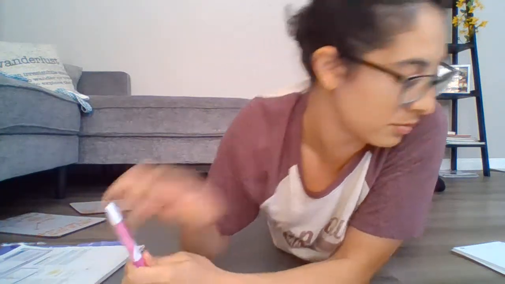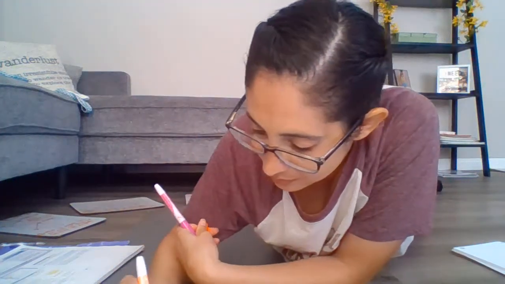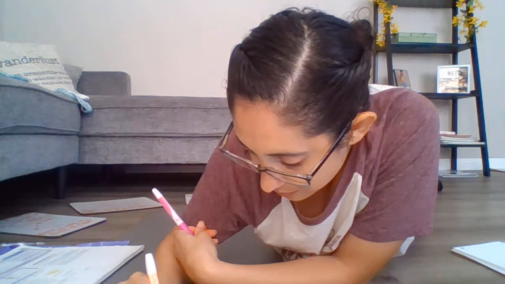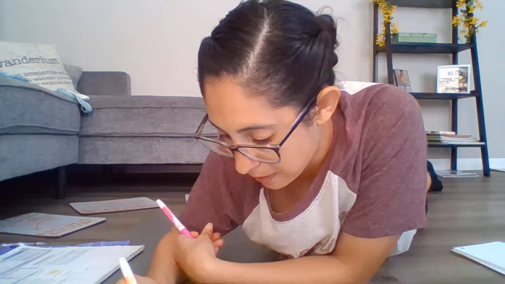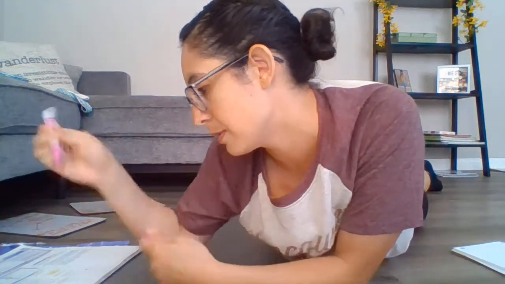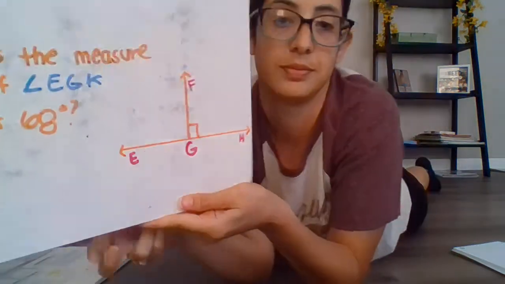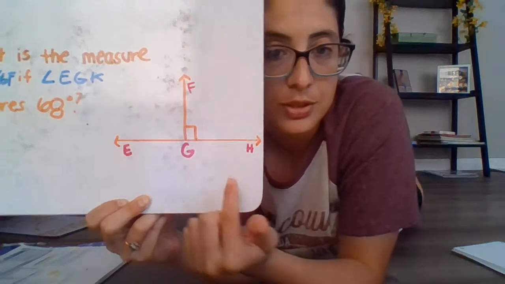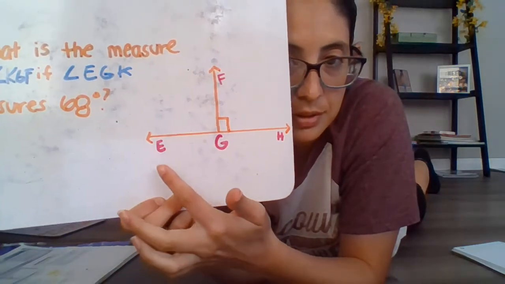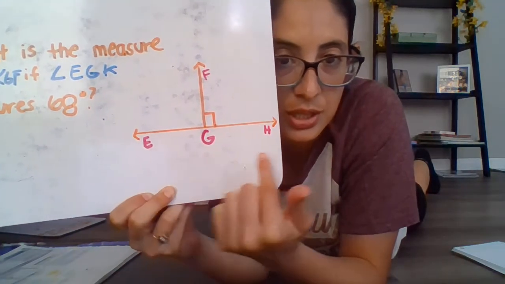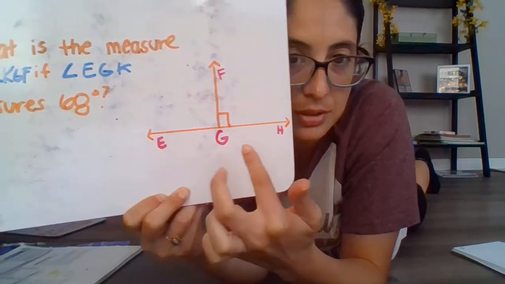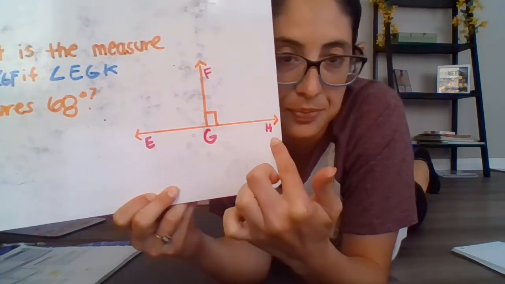Then this is point F, and this is point G. Okay. So I have an angle EGH, that angle is equal to 180 degrees.